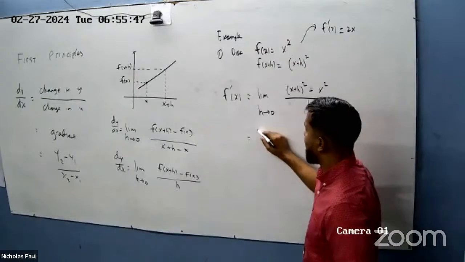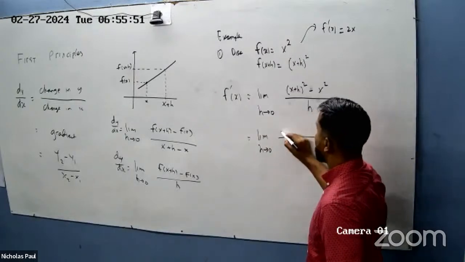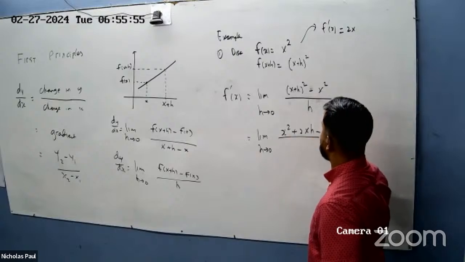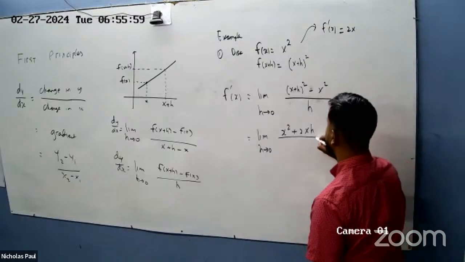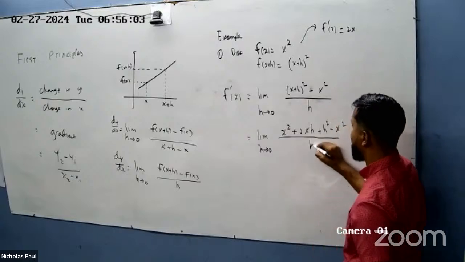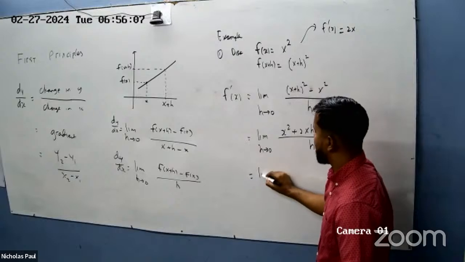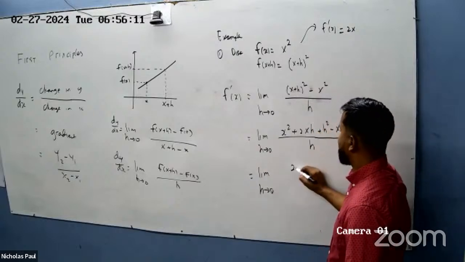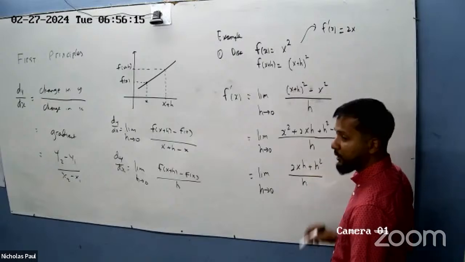I'm going to expand on the top, and I will get x squared plus 2xh plus h squared minus x squared over h. X squared minus x squared is 0. So you end up with 2xh plus h squared all over h.